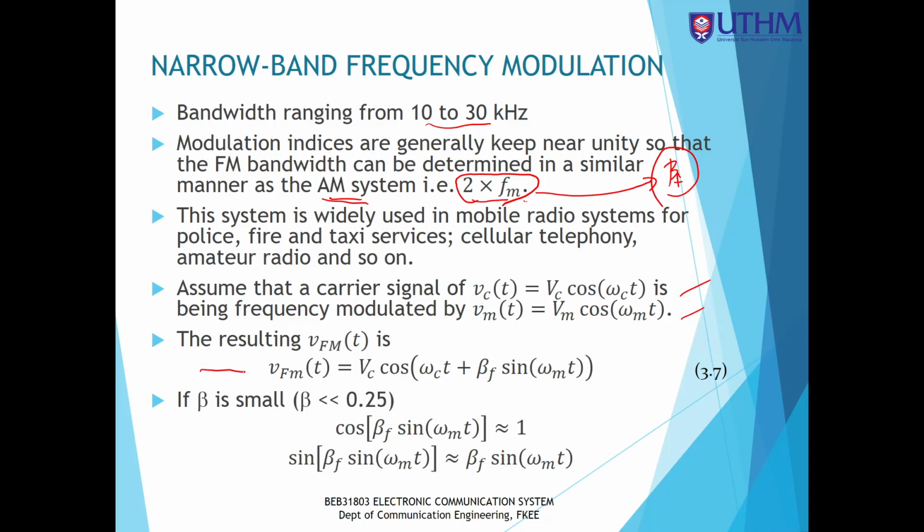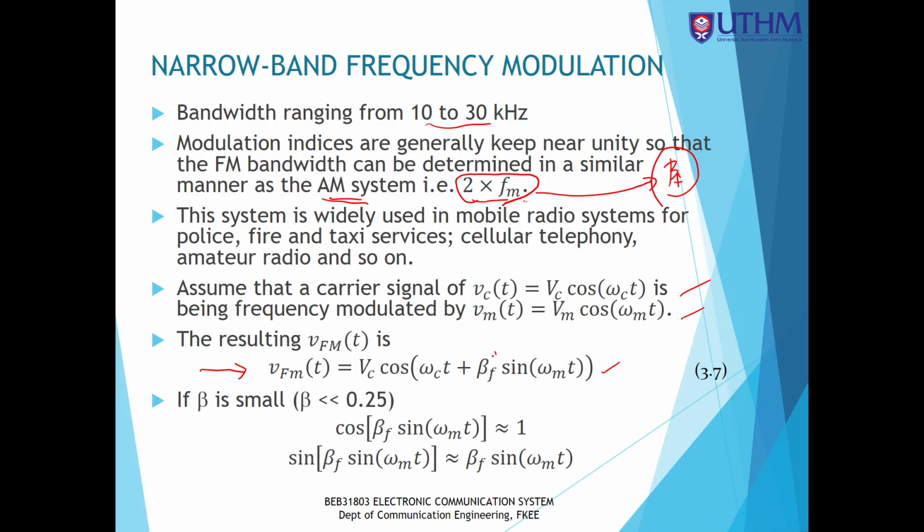We have seen this general equation before, which is Vc cos(omega Ct plus beta F sin omega Mt). So this is the FM general equation.